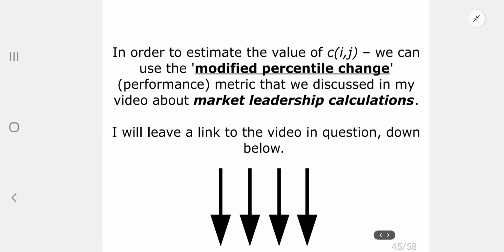In order to estimate the value of C_ij, we can use the modified percentile change performance metric that we discussed in my video about market leadership calculations. I will leave a link to the video in question down below.